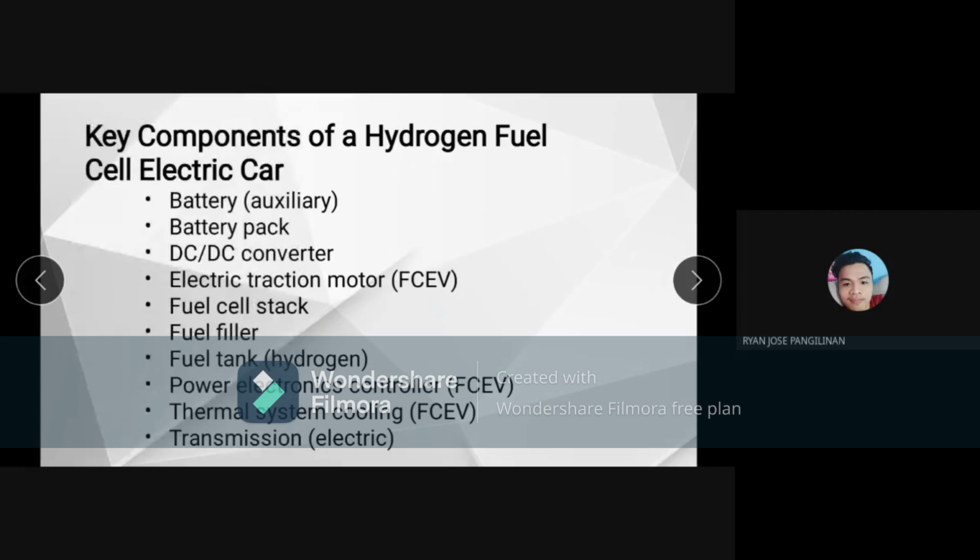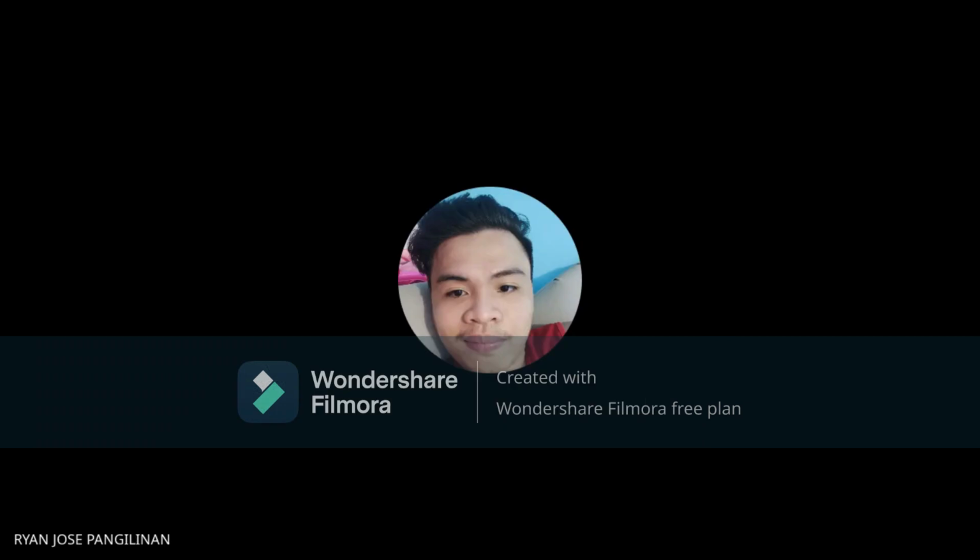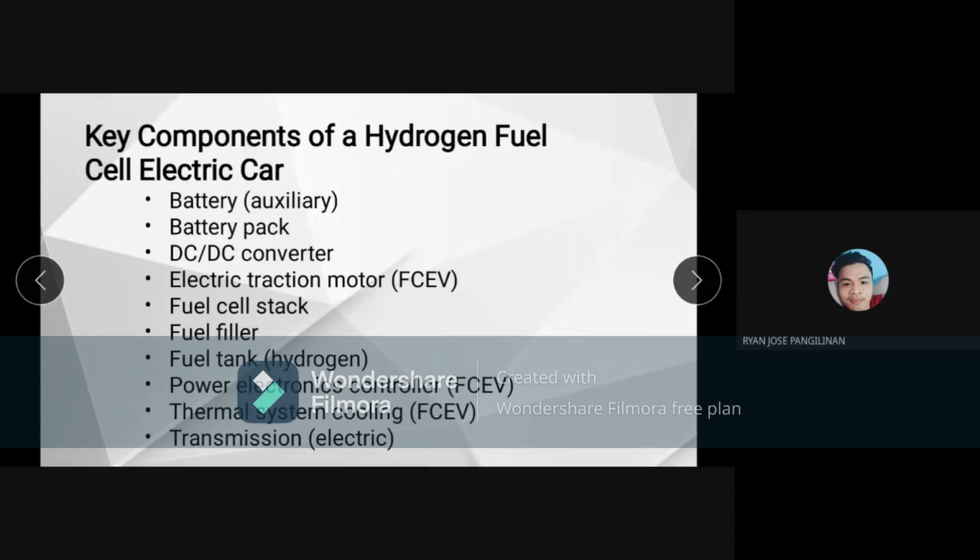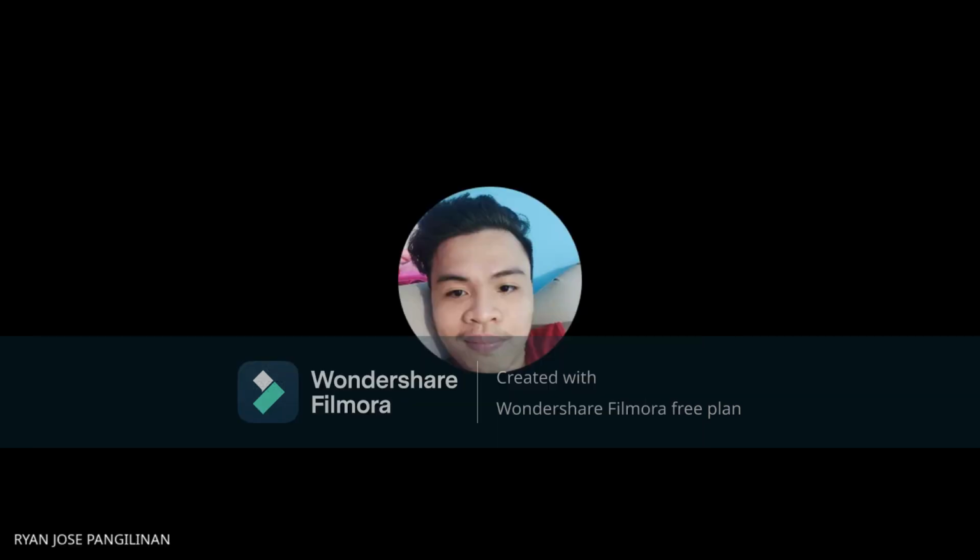So the key components of a hydrogen fuel cell electric car are, first, the auxiliary battery, which provides electricity to start the car before the traction battery is engaged and also powers vehicle accessories.